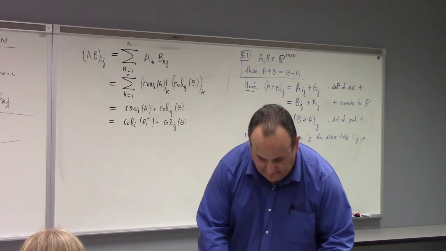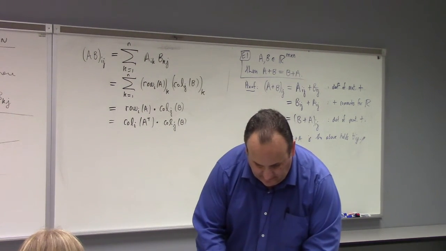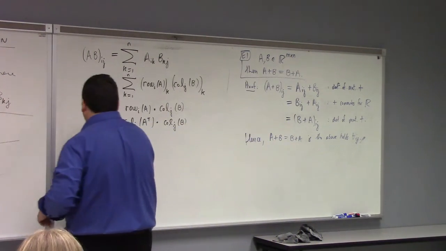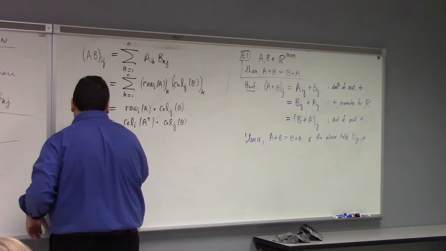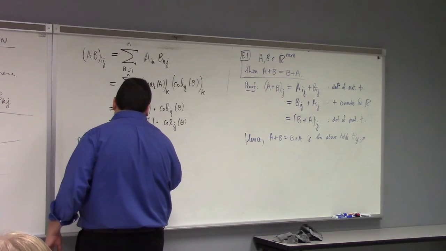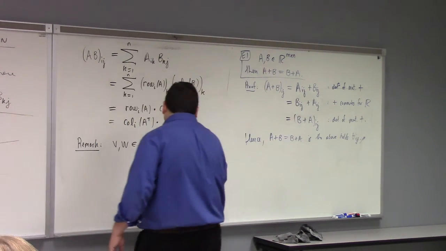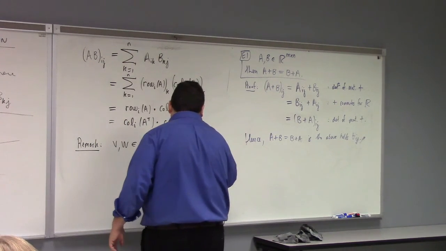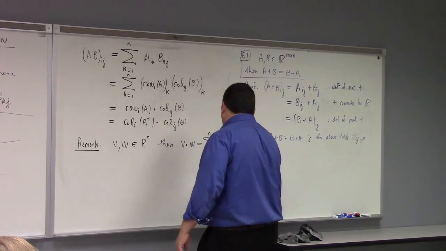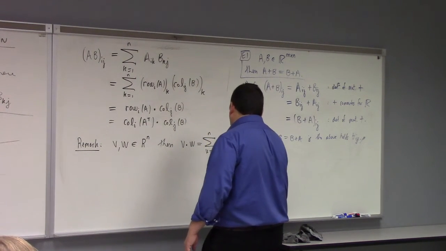So we have the dot product defined. Of course, the dot product can also be understood in terms of matrix multiplication, right? If we have v and w in R^n, then v dot w is the sum k equals 1 to n of vk wk, right?